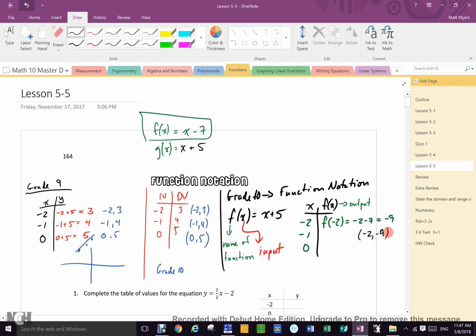Instead of writing y, we write f of x. Whatever number goes in there, x, goes in there for x. It's not complicated. It's the exact same thing you've always done, except instead of x and y, it's got a new name. Right? It would be like if Eric came in here one day and decided he wanted to be called by his middle name, which is Lincoln.